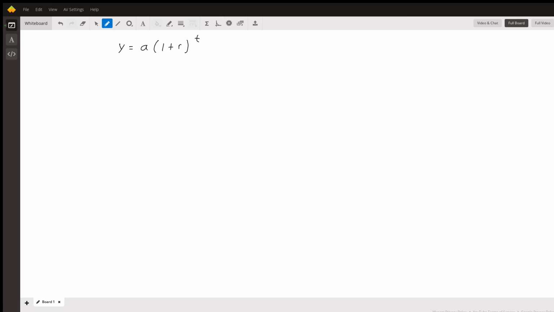So I started off by writing the formula for exponential growth. It's y equals a times 1 plus r to the t power, where a is going to be your initial amount, and I'll write this down in case you need a quick review.